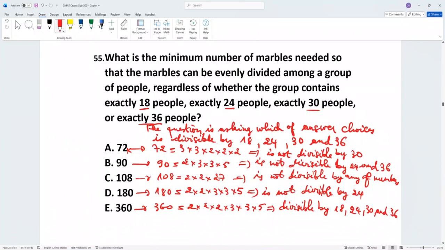So 18 is a factor. 24, we can have 2 times 2, 4, and 2 times 3, 6. 6 times 4 is 24. So it's a factor. 30, we can have 3 times 2, 6 times 5, 30. 36, we can have 2 times 3, 6, 2 times 3, 6, 6 times 6 is 36. So this is definitely our answer.